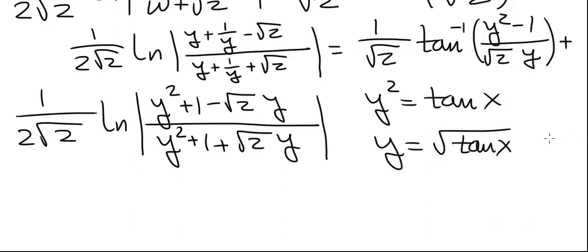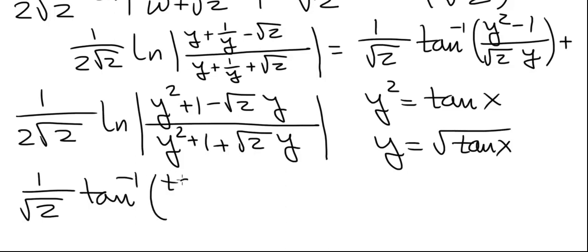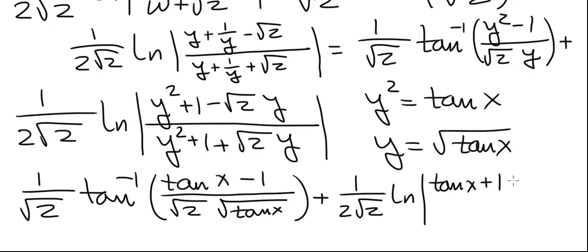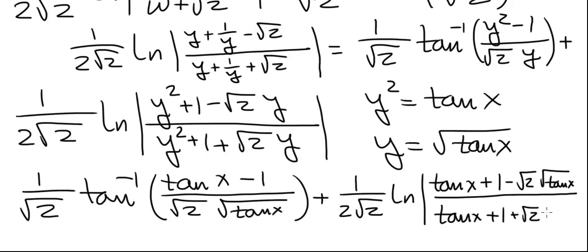So now let's plug that in, and our final answer is 1 over square root of 2 times inverse tangent of y squared, so that's tangent of x, minus 1 divided by square root of 2 times the square root of tangent of x, and then plus 1 over 2 square root of 2 natural log of absolute value of tan x plus 1 minus square root of 2 times the square root of tangent x divided by tangent x plus 1 plus square root of 2 times square root of tangent x.